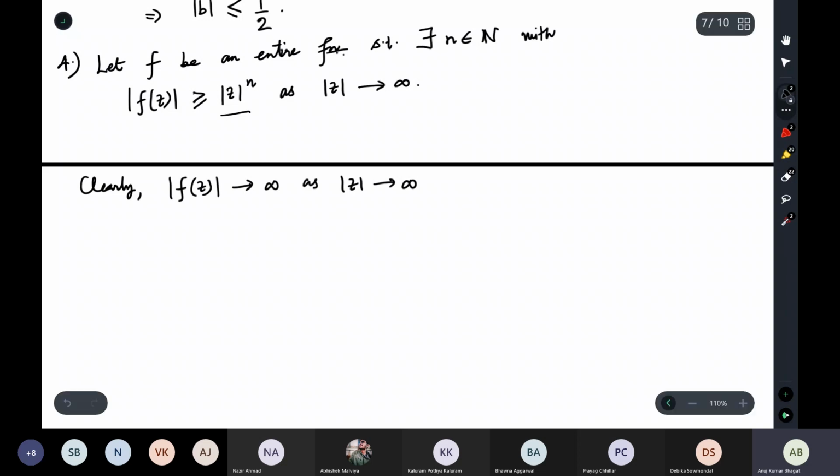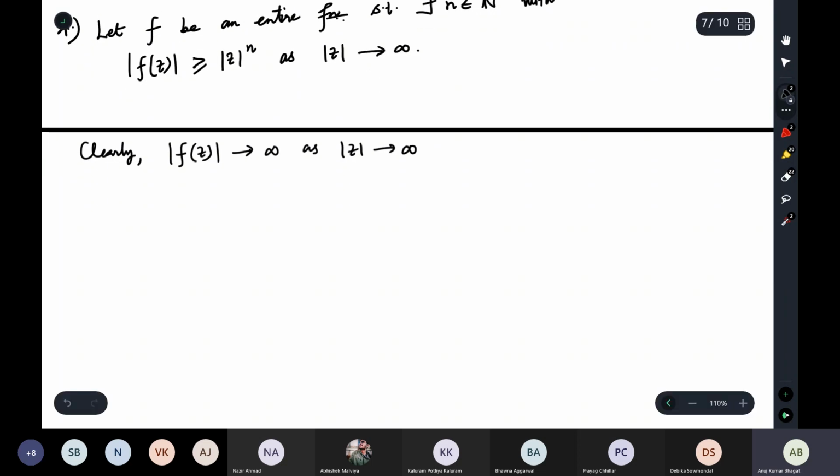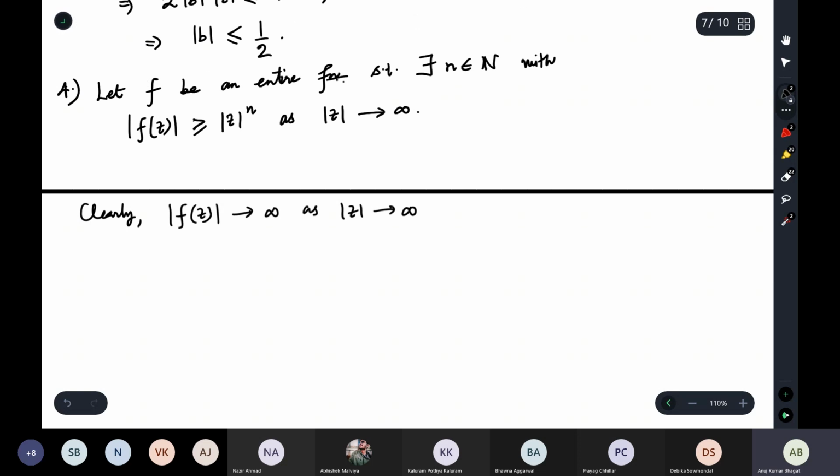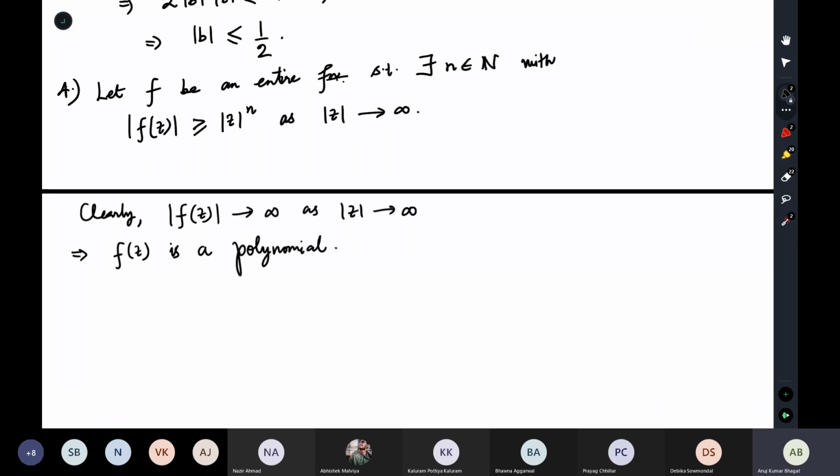So if this goes to infinity, then definitely modulus of f(z) will also go to infinity. And in the last class, sir has done a theorem following the fundamental theorem of algebra that if this happens, what can I say? That f(z) is a polynomial. Just follow the last lecture notes. Do you agree with this line what I have written?